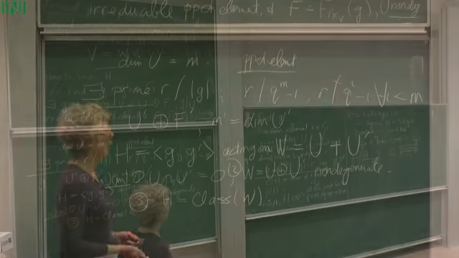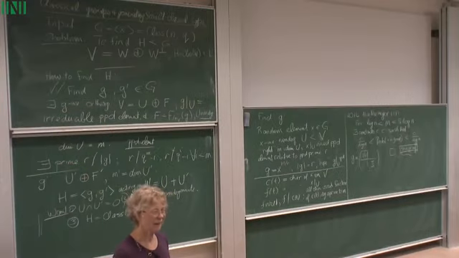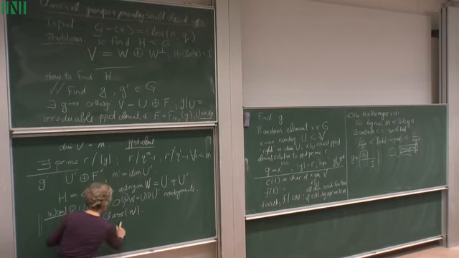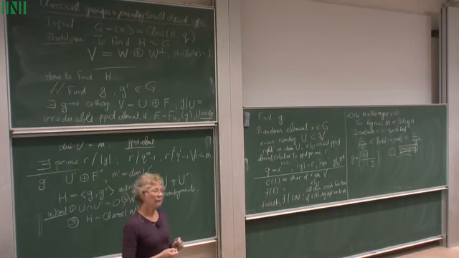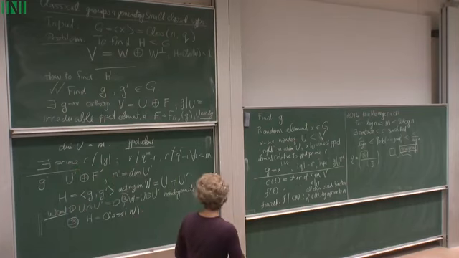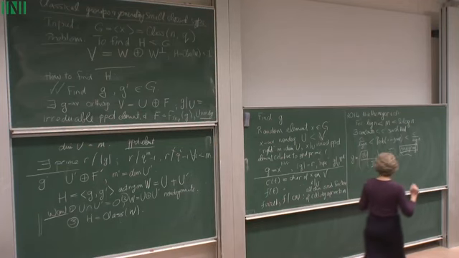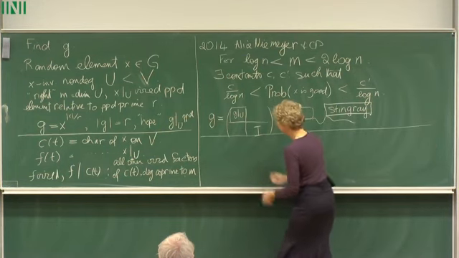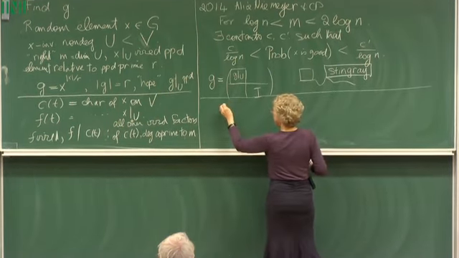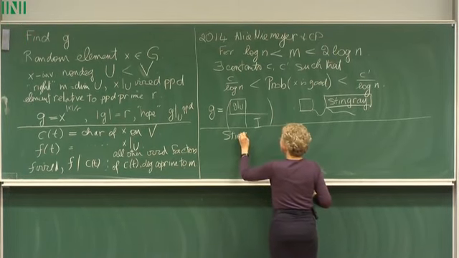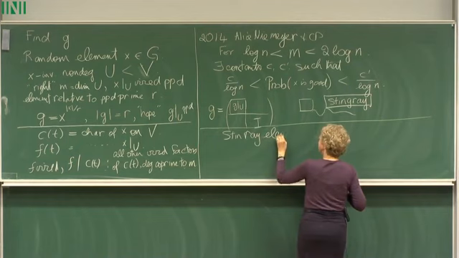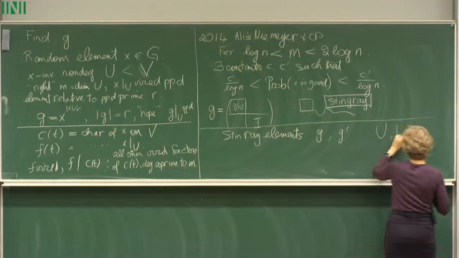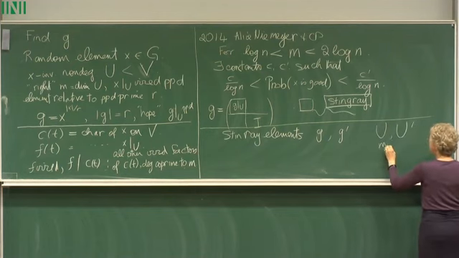So the next thing that Akos did was, I guess he must have thought that he was running out of time or something. He just didn't care about this stuff. He sort of jumped over to this classical problem and said, well, he would just assume that you would have your elements g and g prime. So now we've got our random stingray elements g and g prime. We've got our non-degenerate subspaces U and U prime. We've got our numbers m and m prime.